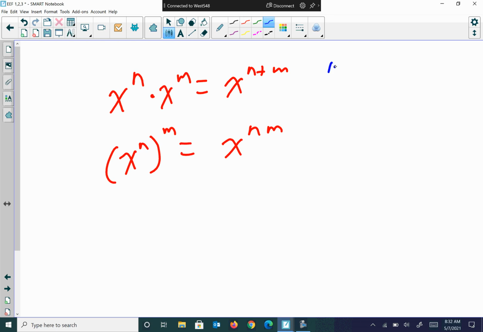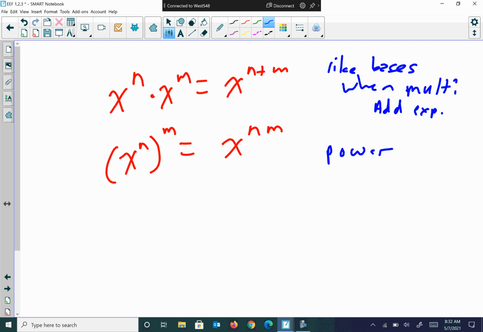So like bases when multiplied, excuse me, you add the exponents. Power to a power, you multiply the exponents. Okay, so that's what we talked about yesterday.